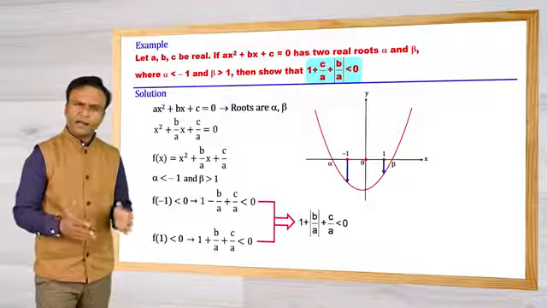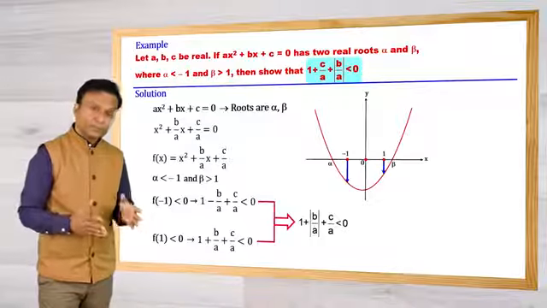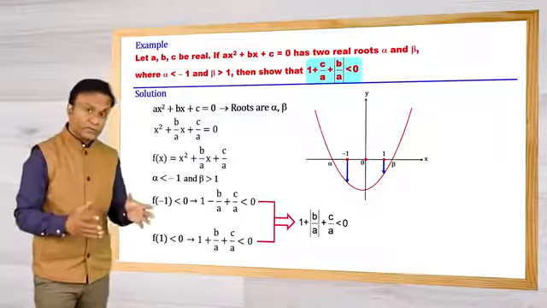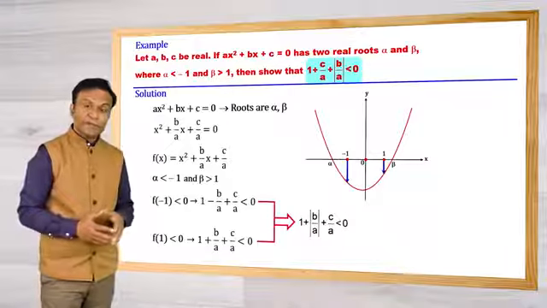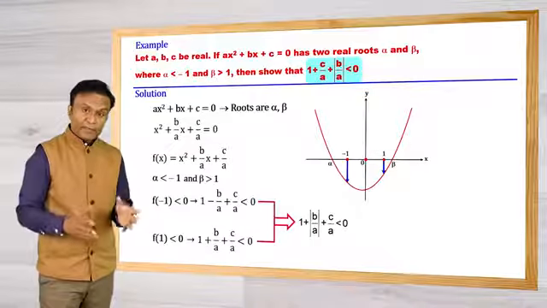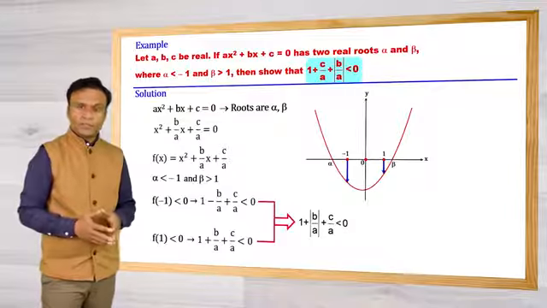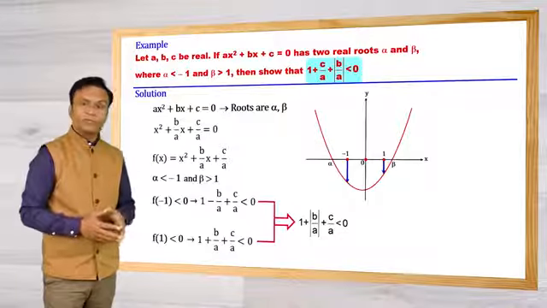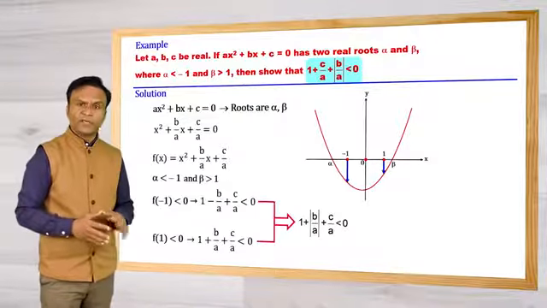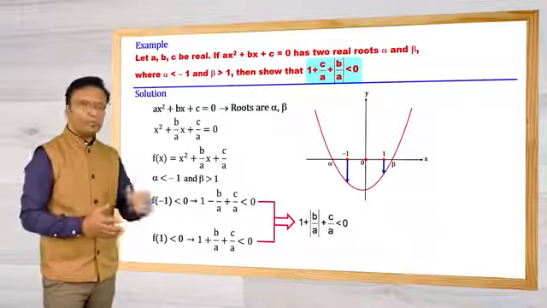So you can see how these graphs are useful to solve this type of question. In fact, graphical analysis and graphical study make these problems too simple, because everything is visible when you plot the graph.